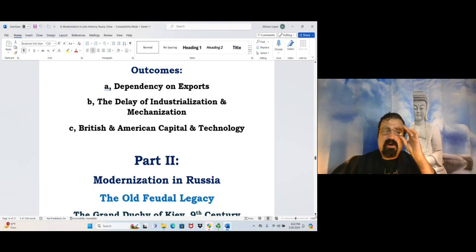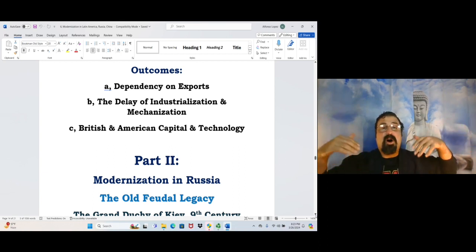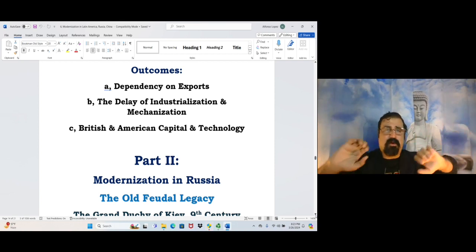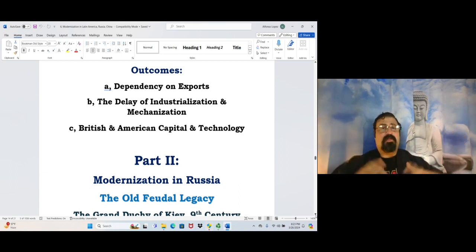The outcome so far is that Latin America becomes more and more dependent on exports as they try to modernize. Most of the Latin American economies are based on exports, whether agricultural products, minerals, beef, leather, and other cash crops. They're not really industrializing at this time.